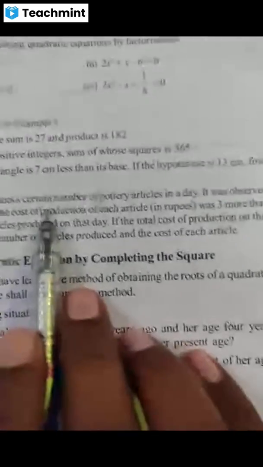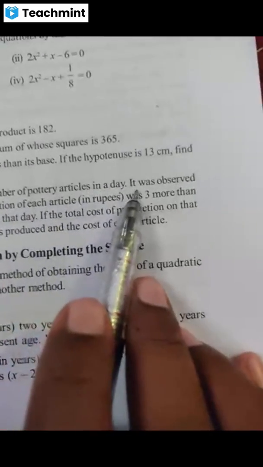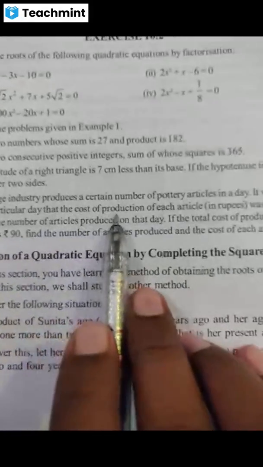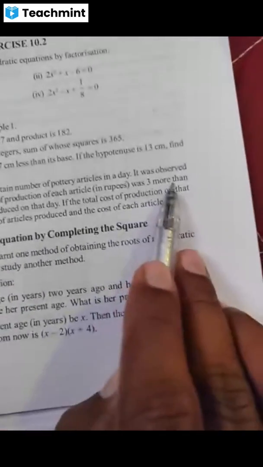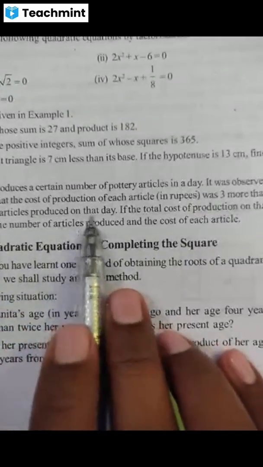See here, a cottage industry produces a certain number of pottery articles in a day. It was observed on a particular day that the cost of production of each article was 3 rupees more than twice the number of articles produced on that day.